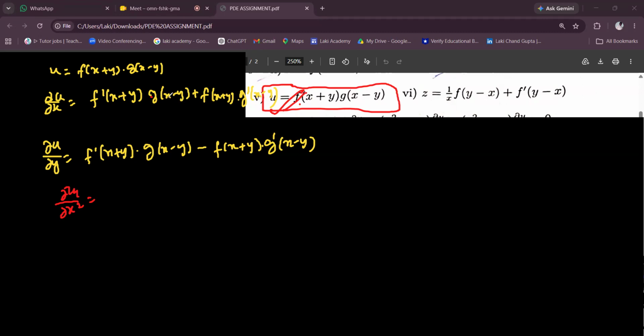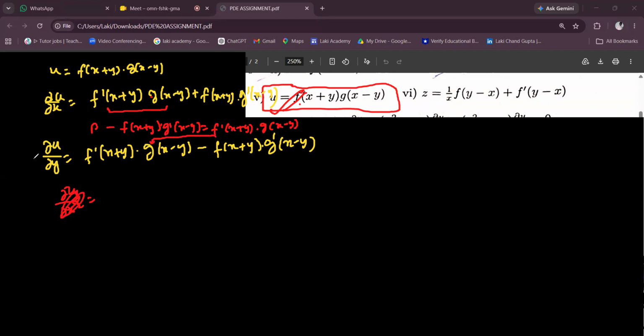Differentiate with respect to... okay. So what can we do? Let's consider this is P and this whole thing is taken on the left side. f dash x plus y, put here, okay?